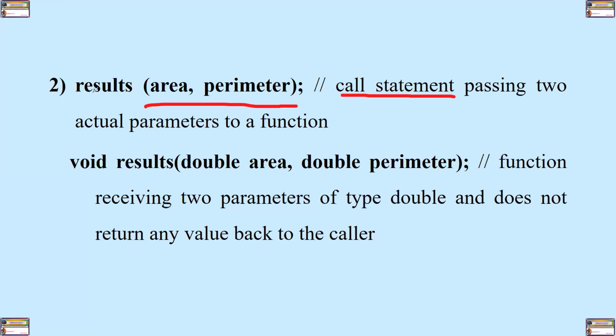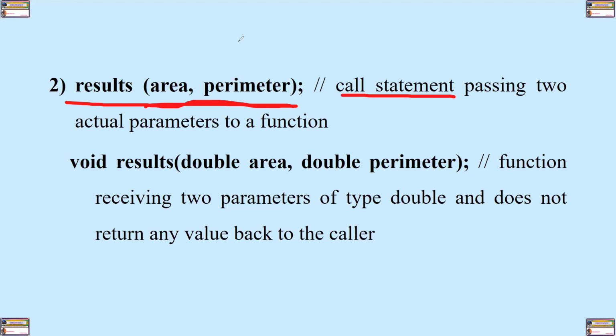This statement is invoking, activating, the function called results. Now, this function called results is being passed two arguments or two values, which are sometimes called the actual parameters. Another name for arguments is actual parameters.